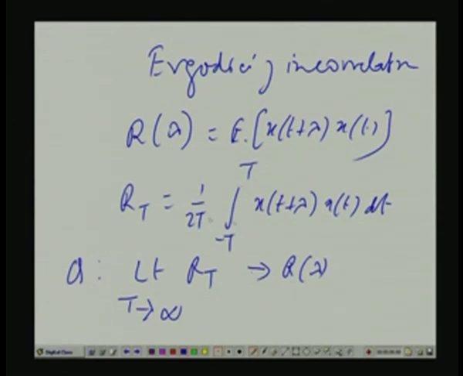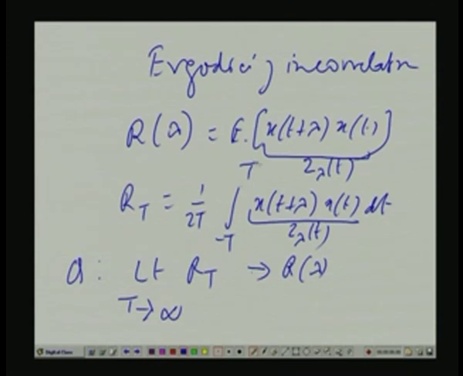In that case, when should this be satisfied? Now, you see x t plus lambda into x t, you can call it a process say z lambda t, and therefore this is again z lambda t. So, obviously, this is equivalent to saying that the process z lambda t is ergodic in mean. Because if you consider z lambda t, what is R lambda? Lambda is fixed here. For a particular lambda, you have a process z lambda t.